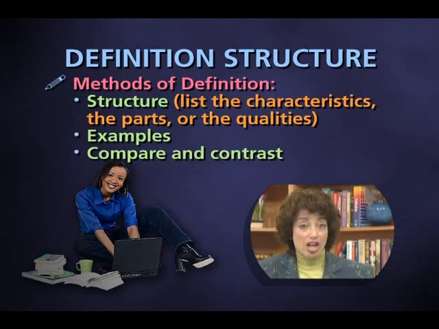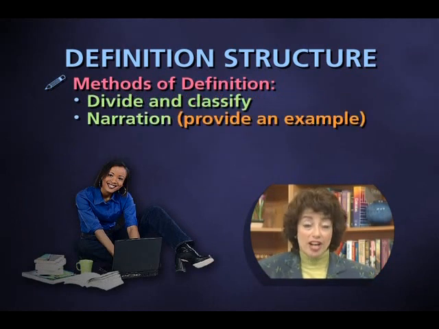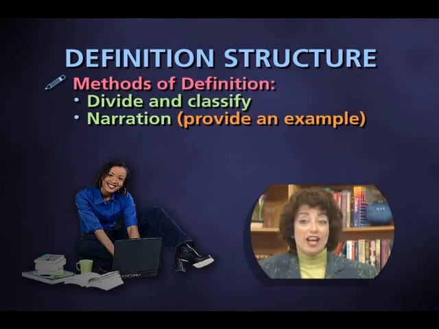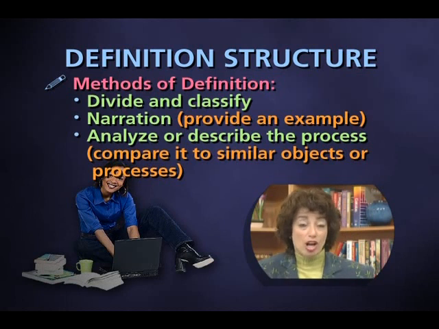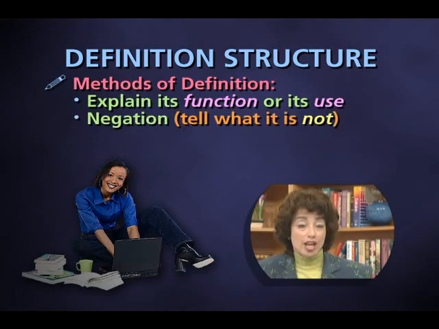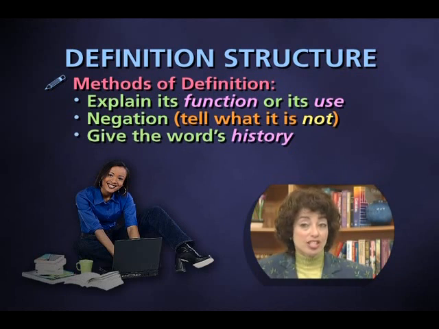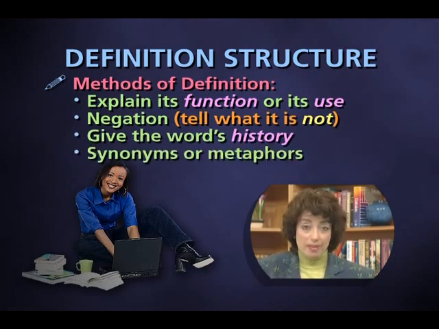You can compare and contrast it, divide and classify it, narration, provide an example about it, analyze or describe the process, compare it to similar objects or processes, explain its function or its use, negation, tell what it is not, give the word's history, or give synonyms or metaphors.